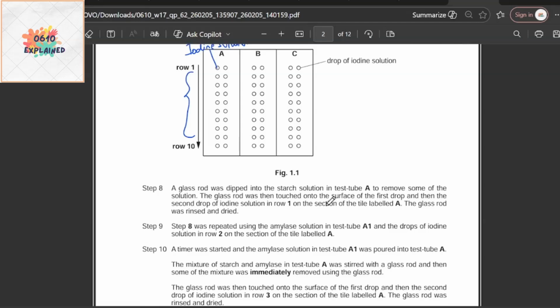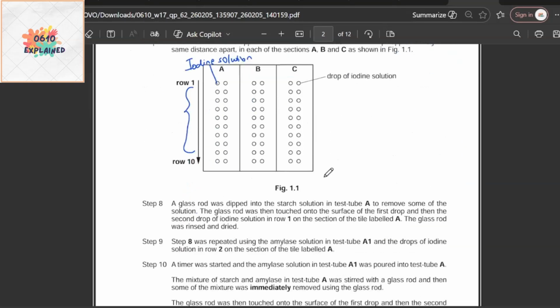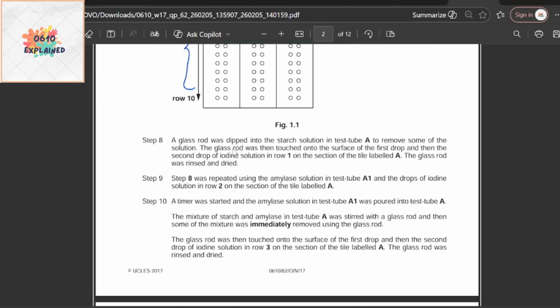Step 8 reads that the glass rod was dipped into the starch solution in test tube A. So we remember we had the sets of test tubes, which were test tube A over here, and then we have this enzyme amylase which is present in A1. The glass rod was dipped in the starch solution in test tube A to remove some of the solution.